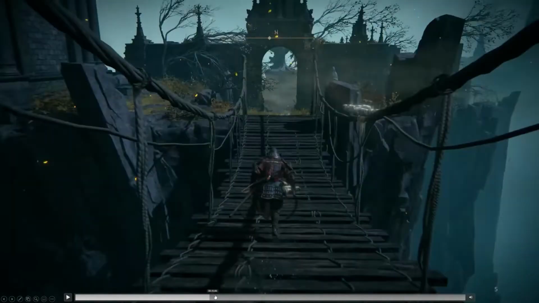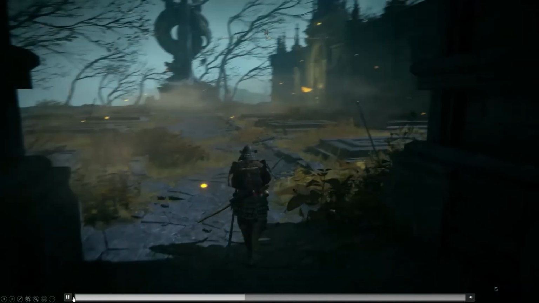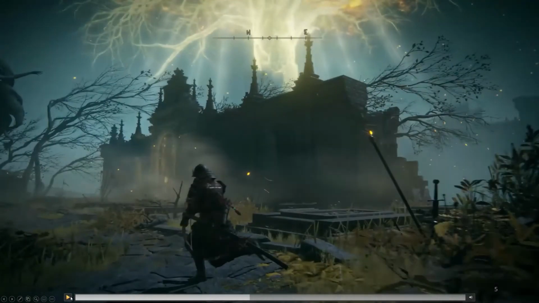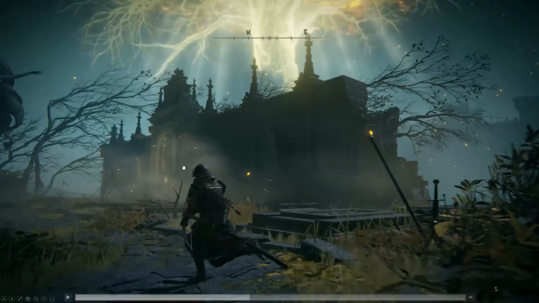So I'm gonna move forward a bit because this is where it's actually starting to get interesting, because obviously straightforward visual indicators are very good for the player, but sometimes it's very good to throw a bit of confusion as well.